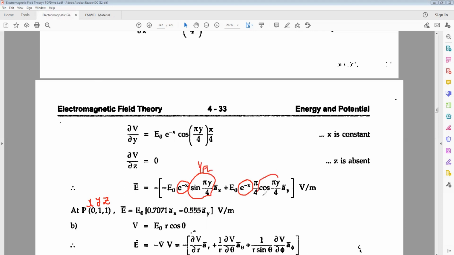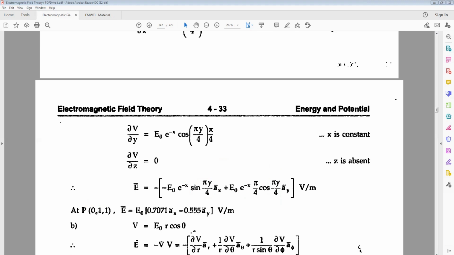Here also cos pi y by 4 is 1 by root 2. 1 by root 2 is 1 by 1.414, which is 0.707. So E naught, minus into minus is a plus, so E naught 0.707 into AX bar. And here the minus is already multiplied, so minus 0.707 into pi by 4, we get 0.555 AY bar.